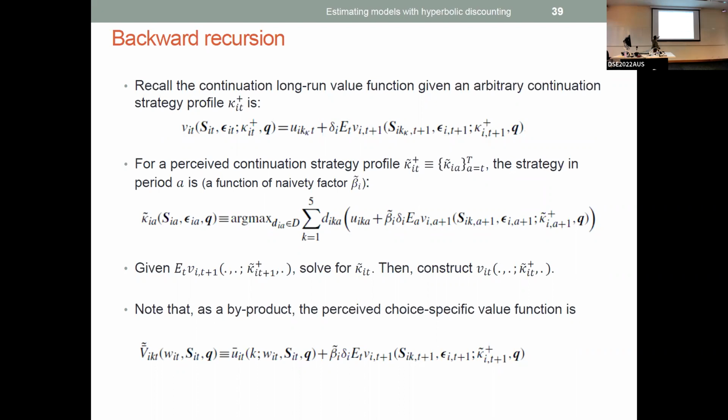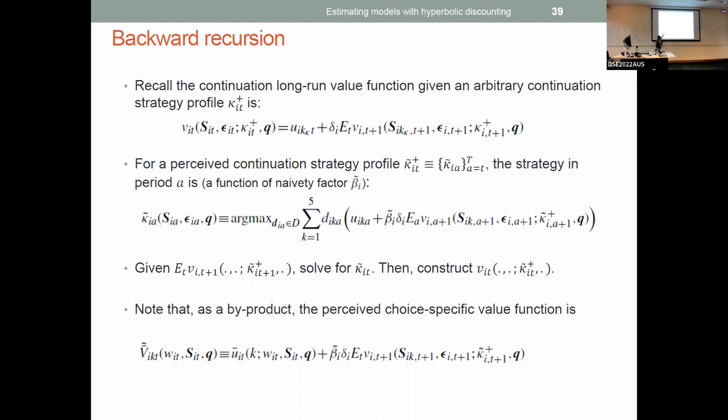So start from this expected long-run value function, which is a function of this kappa tilde plus at T plus 1. Solve for kappa tilde at period T. And then you have this long-run value function at period T, which is a function of this thing. This is just this in combination with this.